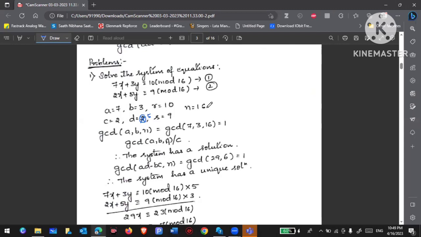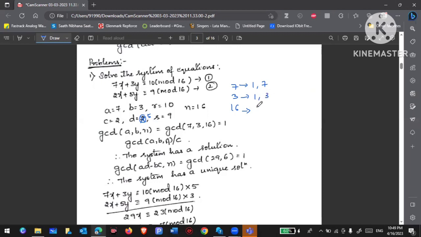Then what did I say? We'll write the GCD of a, b, n: a is 7, b is 3, n is 16. The GCD of three numbers, how do we find it? First you write the factors of these numbers. What are the factors of 7? 1, 7 only. What are the factors of 3? 1, 3 only.